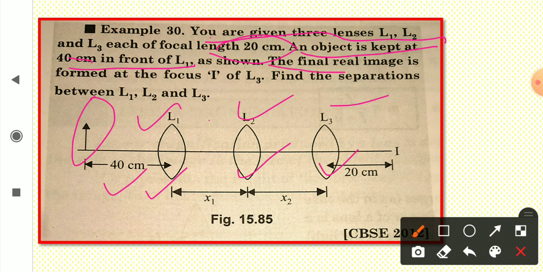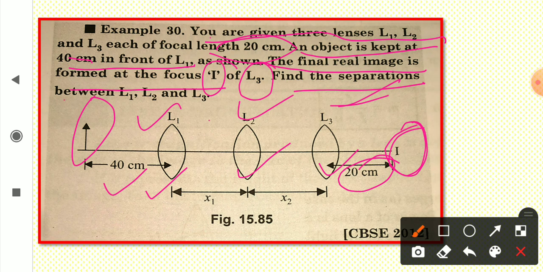The final real image is formed at the focus I of lens L3. So the final image is formed here, and its focal length is 20 centimeter.